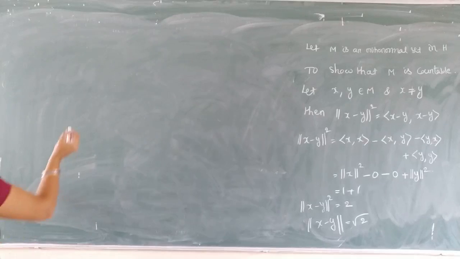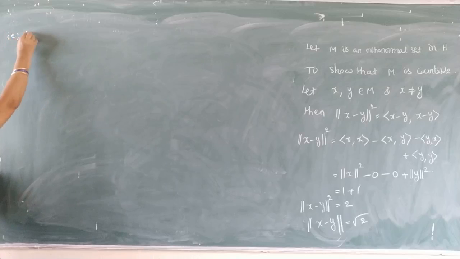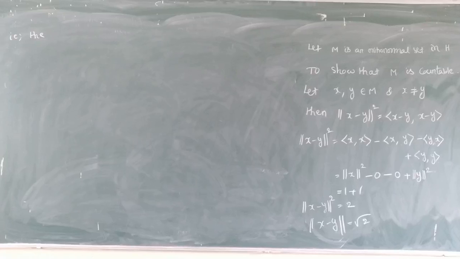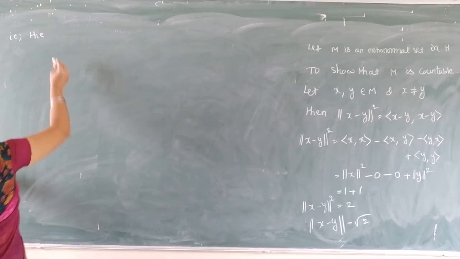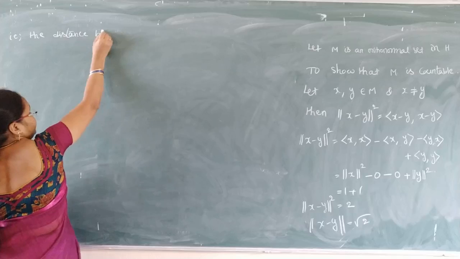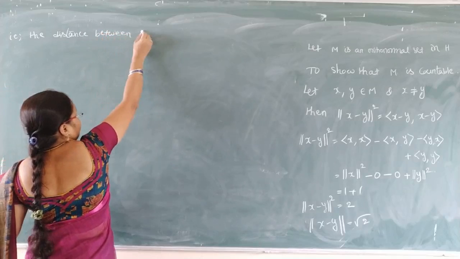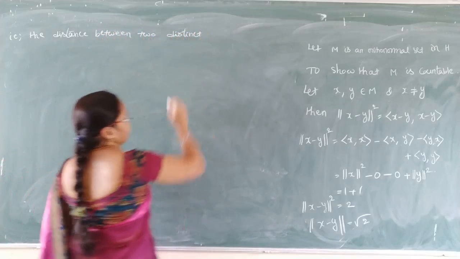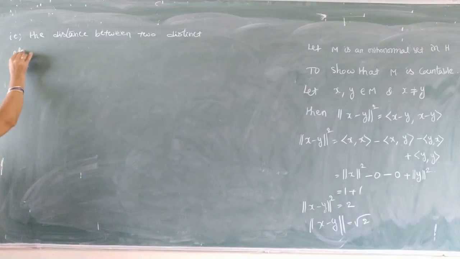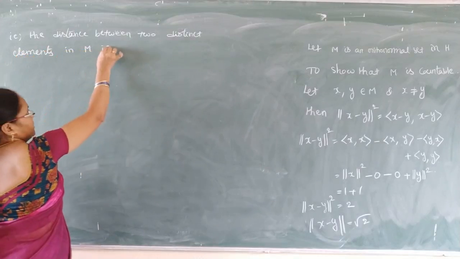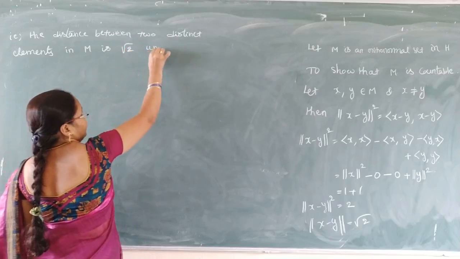So write theoretically, that is, the distance between two distinct elements in M is root 2 units.